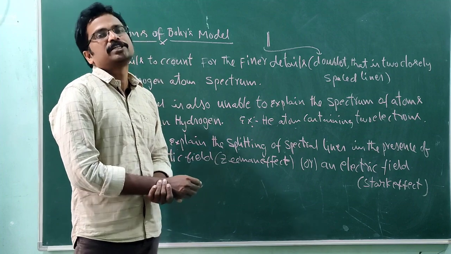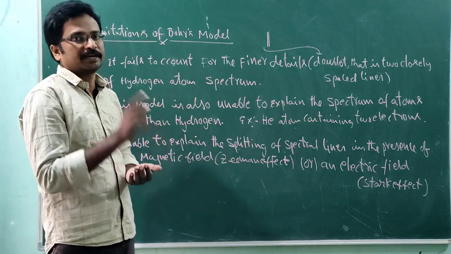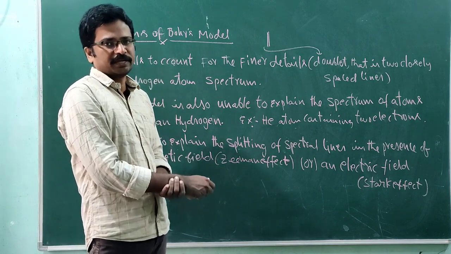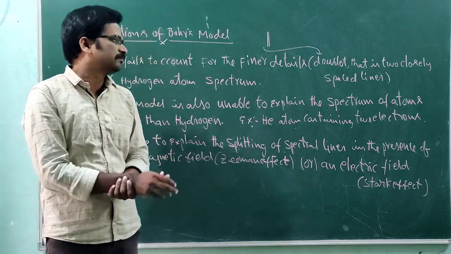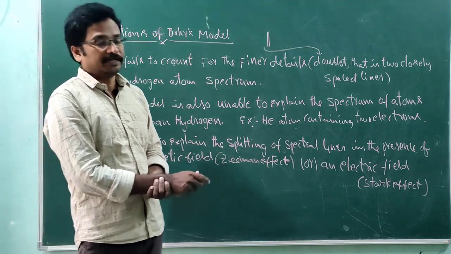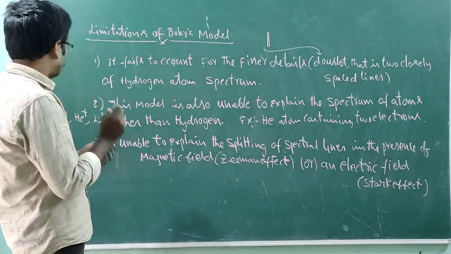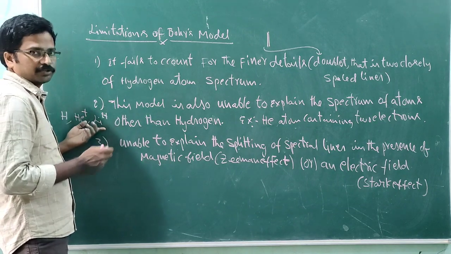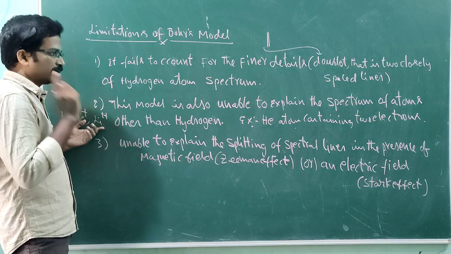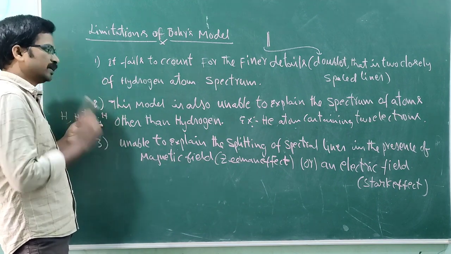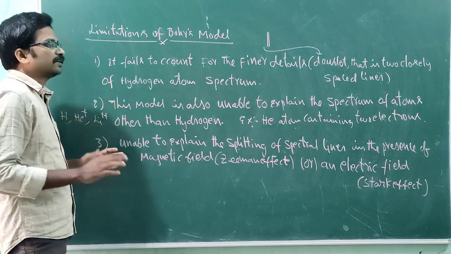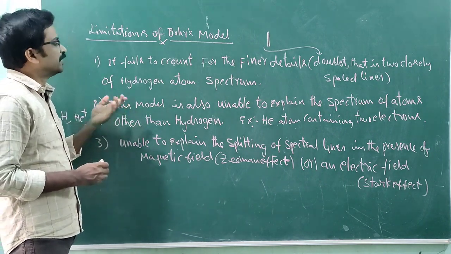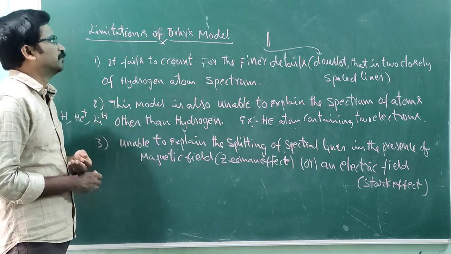It can explain the spectrum of one-electron species, but not of helium, lithium and so on. The atom or ion should contain one electron; with more than one electron it cannot explain. So this is a limitation of the Bohr model.